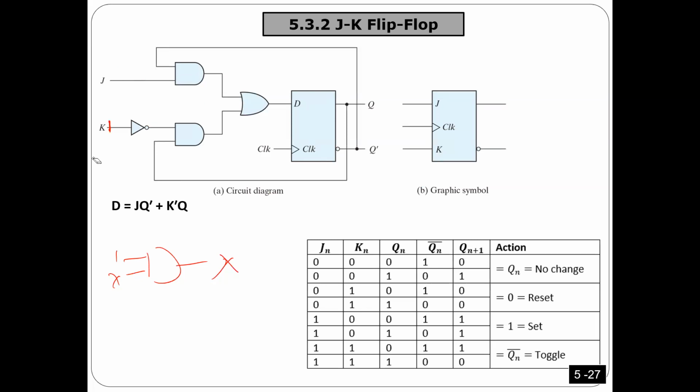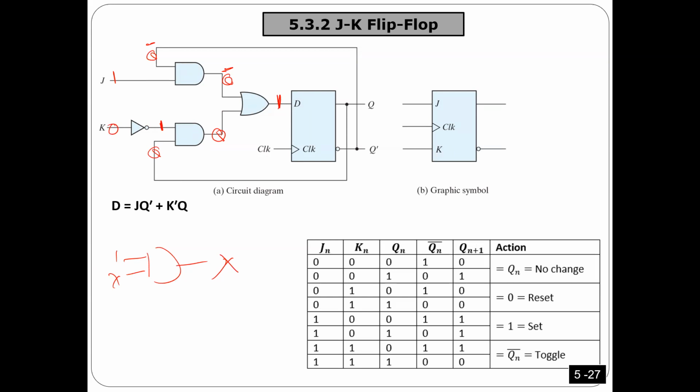Just give me 1 second. I'm going to put 1 and 0. Because this one is 0, this one becomes 1. Q prime comes here, so this one will be Q prime, and this Q is coming from here. What is the result of Q OR Q prime? It is 1, so I'm going to get 1.